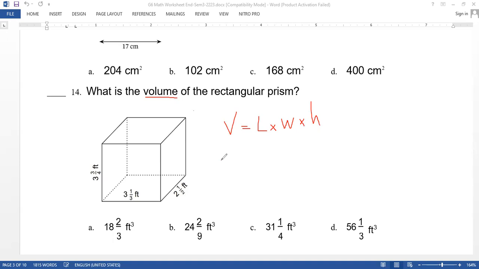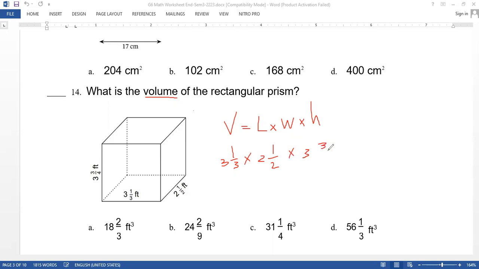The length is 3 and 1 over 3. The width is 2.5, which is 2 and 1 over 2. Multiply the height, 3 and 3 out of 4.